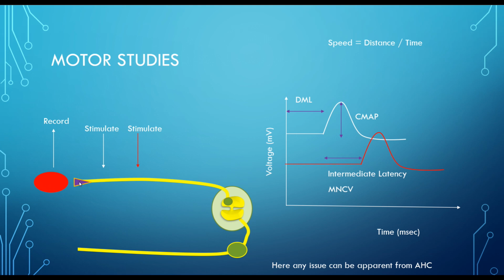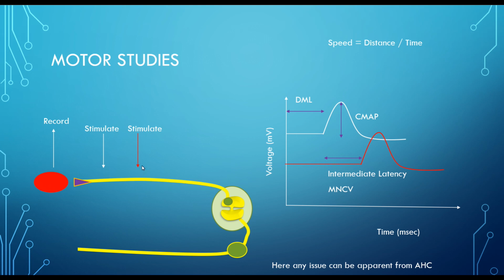As we stimulate more proximally, we get a more intermediate latency, and then we simply have to work out the difference in the distance between the distal and the more proximal stimulation, and do a similar calculation with the time difference as well, and then we can work out an exact conduction velocity for all the more proximal segments as we work backwards.